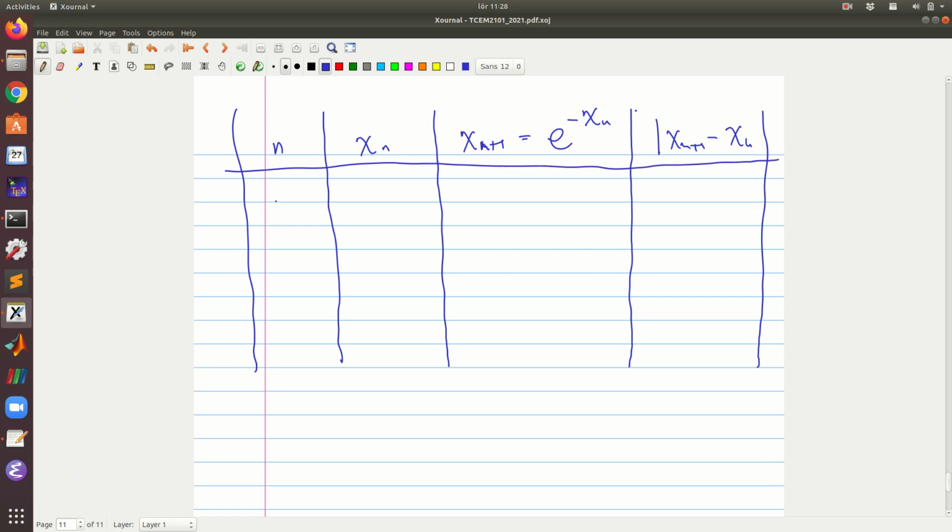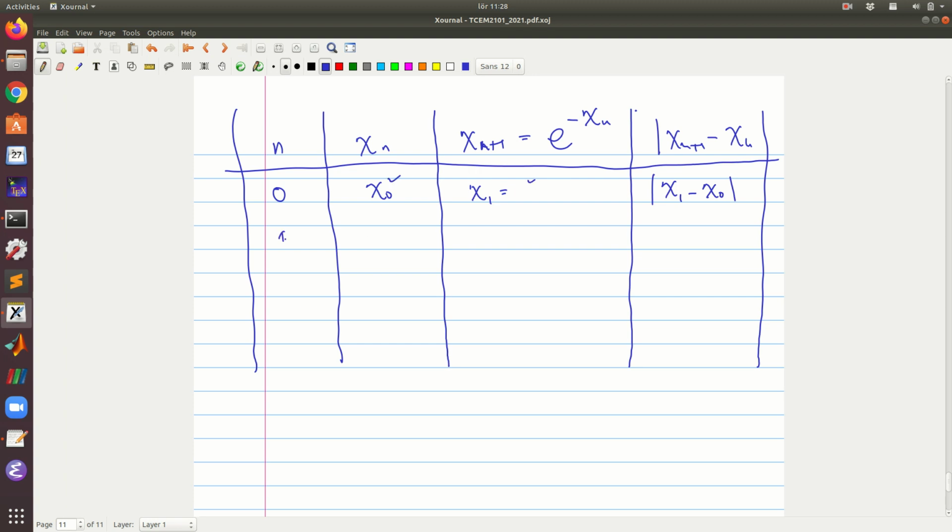So when n is 0, you have x naught, then here you have x1, which will equal something, and then here we fill in the value x1 minus x naught, the values you have here.